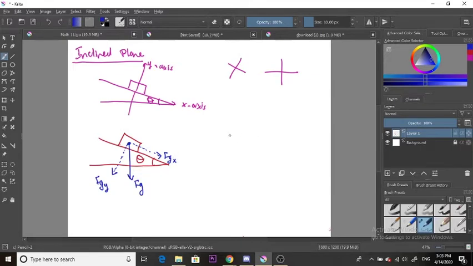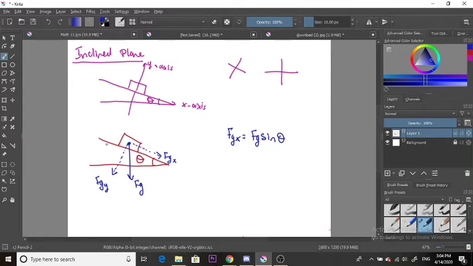Now we have a couple of formulas here. FGX is equal to your force of gravity times the sine of your angle. Now you might be asking me, Megan, why is it sine? Isn't it normally cosine? Yeah, normally when we calculate something at an angle, we use cosine for the x.